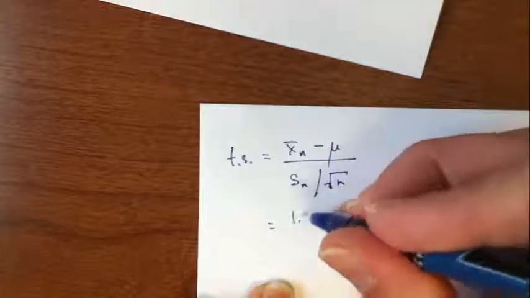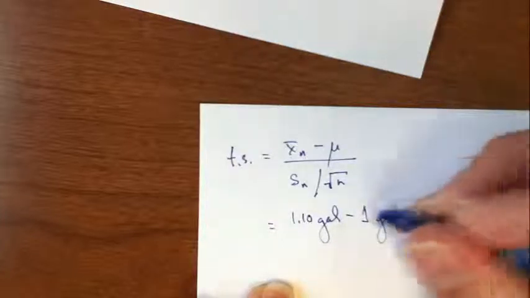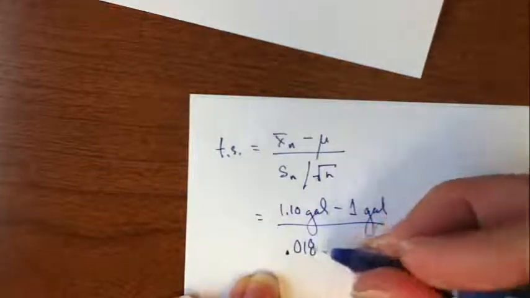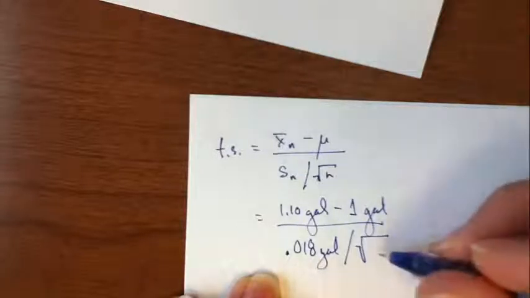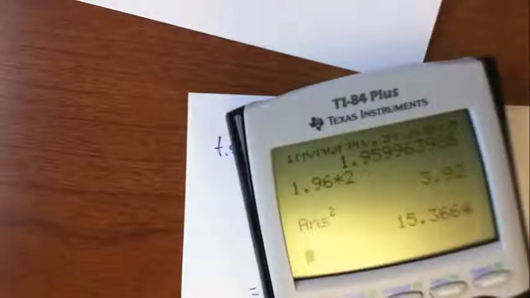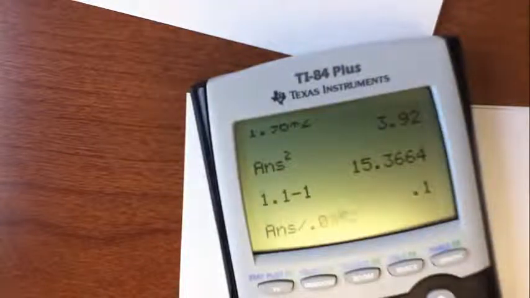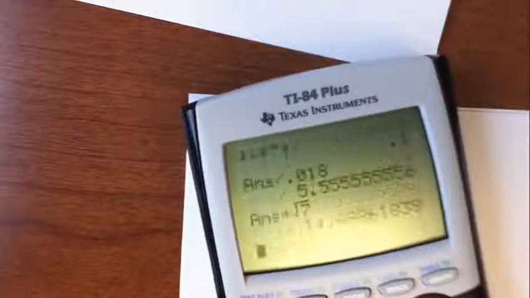Our sample mean was 1.10 gallons, the mean the company claims is 1 gallon, and the sample standard deviation was 0.018 gallons, divided by the square root of 7. So 1.1 minus 1 is 0.1, divide that by 0.018, and multiply by root 7: 14.6986.